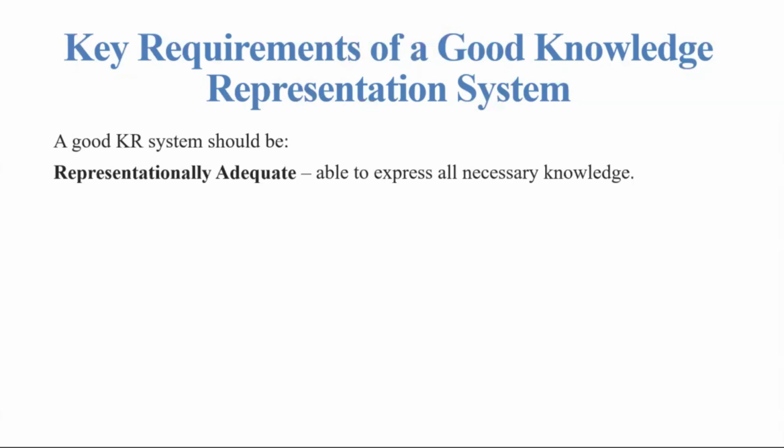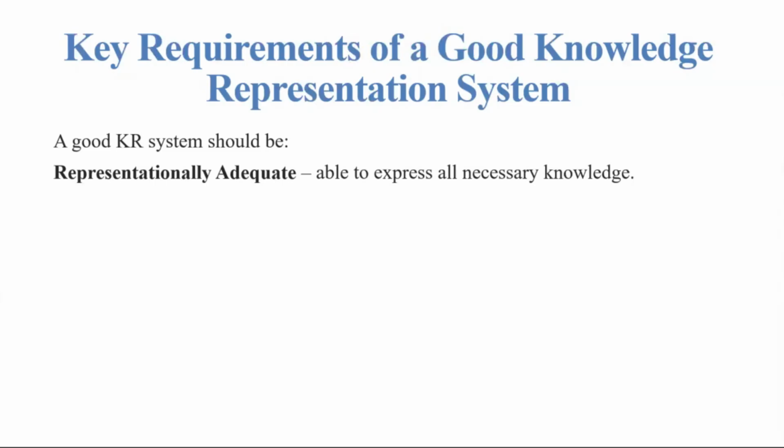Think about a hospital management system. It should be able to store the information about the patients, doctors, medicine, diseases, and also appointments, test reports, etc. If the system cannot represent one of these important pieces of information, then it is incomplete.